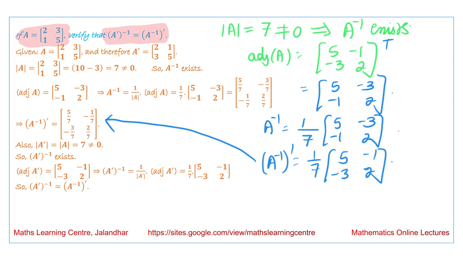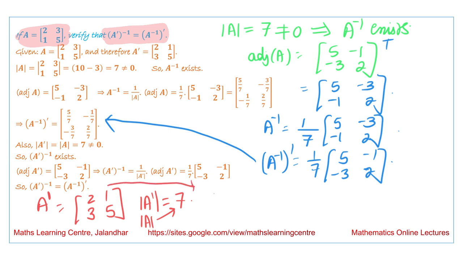Next we are talking about the A transpose inverse. When we write A transpose, the value we have is 2 3 1 5. Determinant of A transpose will again be 7, because we know that determinant of A and determinant of A transpose are equal. Now for this matrix we write adjoint of A transpose. The value we have is 5 minus 1 minus 3 2.